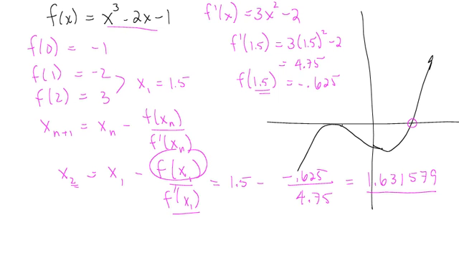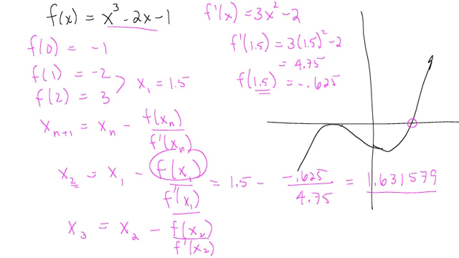So I use this now as my subsequent guess. So now I'm going to go up one more time and say, okay, my third guess is going to be my second iteration minus the function evaluated at the second point divided by the derivative evaluated at the second point.